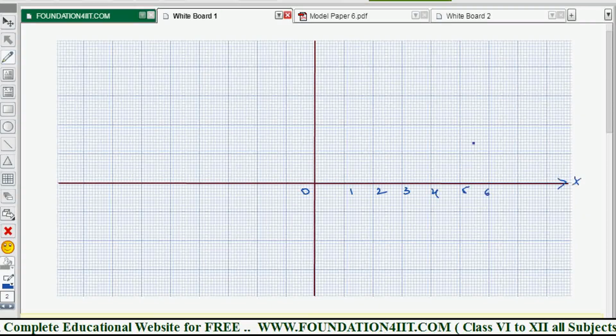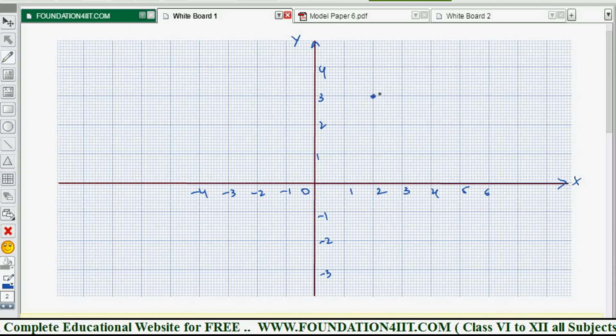This is the x-axis, and vertical is y. So positive is 1, 2, 3, 4. And the negative side is minus 1, minus 2, minus 3, minus 4, and so on. Down is negative.